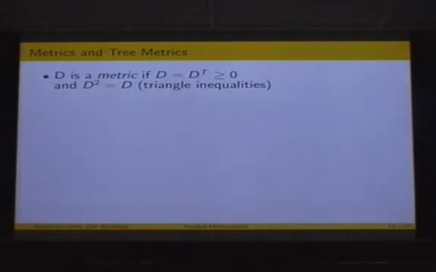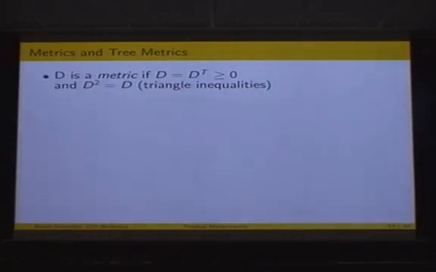And then also I want D squared to be equal to D. In this tropical equation, that's called the triangle inequality. The simultaneous holding of all the triangle inequalities can be conveniently written as the equation D squared equals D. So D squared equals D says that for all 3 cities, the triangle inequality holds.